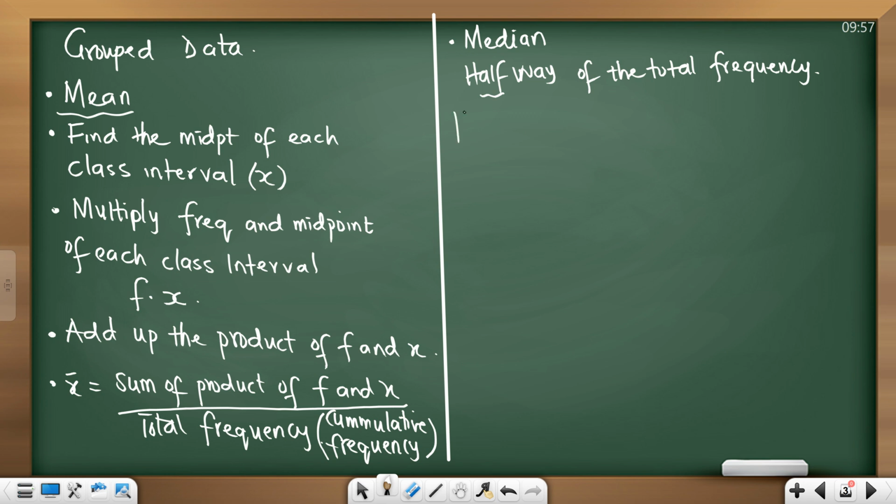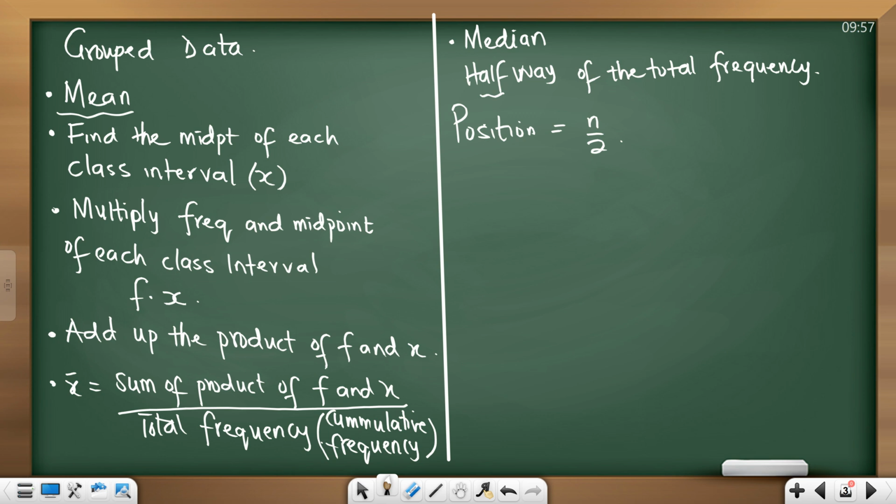So really, to get the position, you don't even need to say n plus 1. Just say halfway, n over 2. Just halve it straight, because it will give you the position. The position will always be in a class.